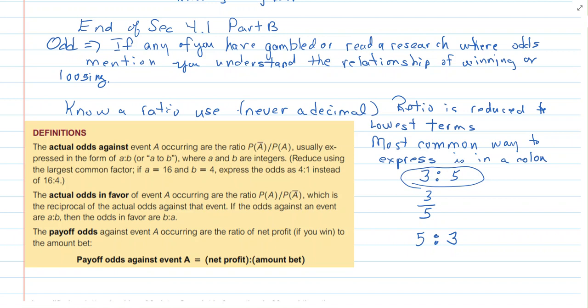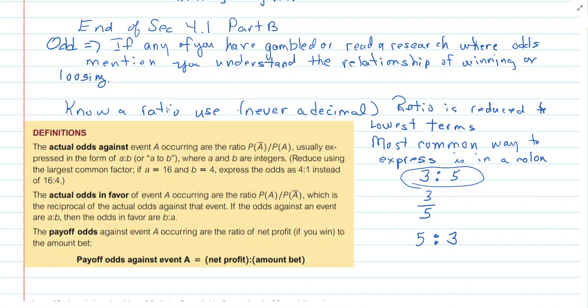That means numbers that are not decimals, reduced using the largest common factor. The actual odds in favor of the event are the probability of A over the probability of not A, which is the reciprocal of the actual odds against the event. If the odds against the event are A to B, then the odds in favor are B to A.